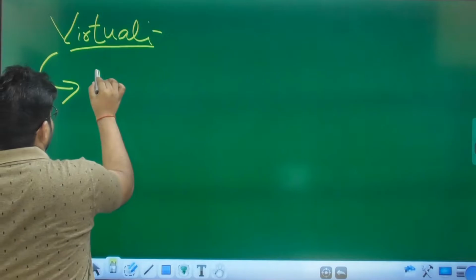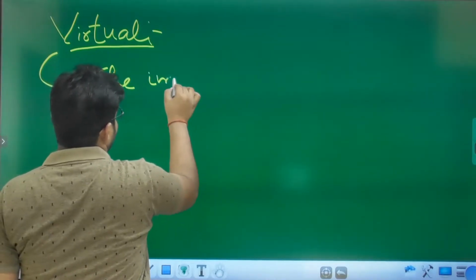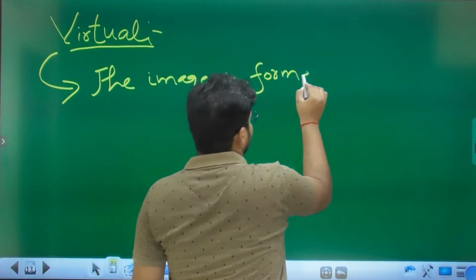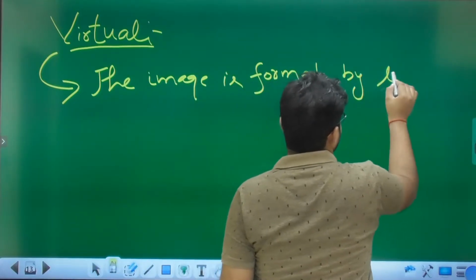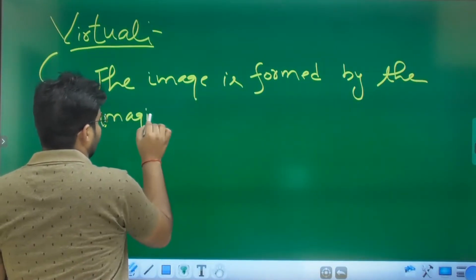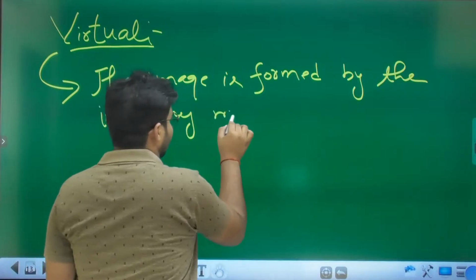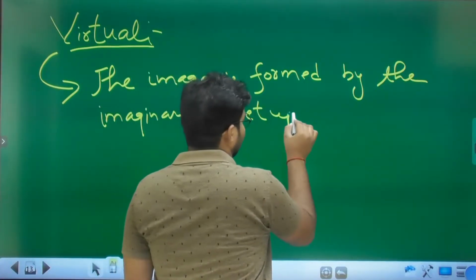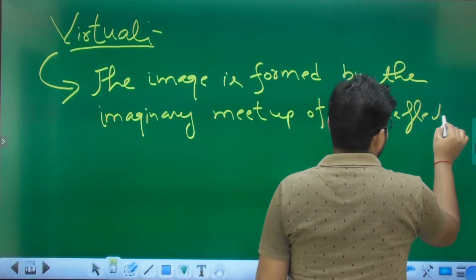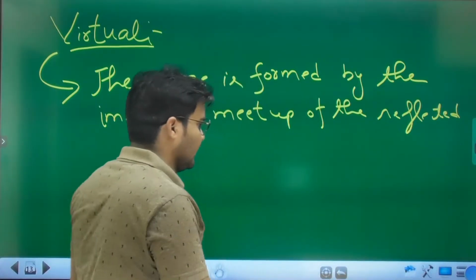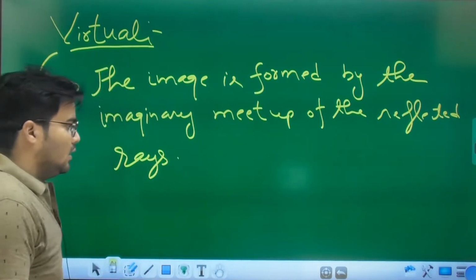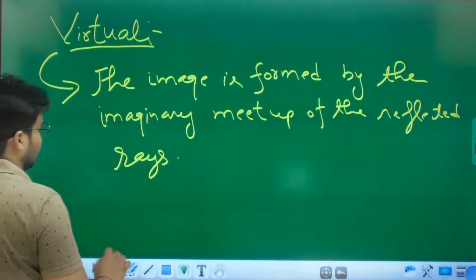So we will write here, the image is formed by the imaginary meetup of the reflected rays. Clear? So this one is called a virtual image.